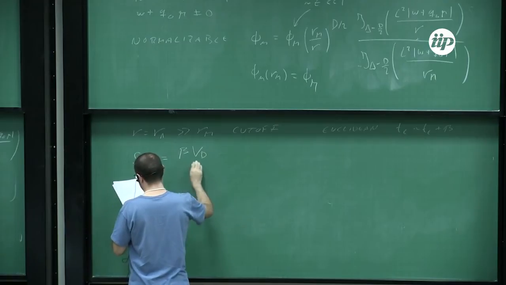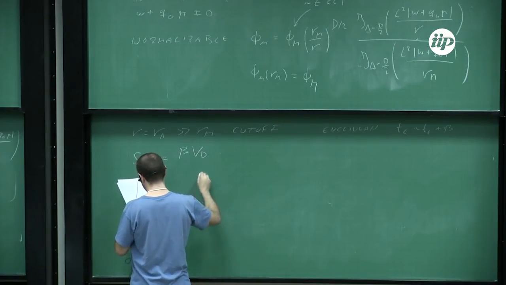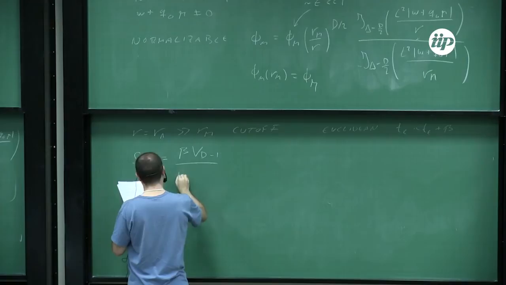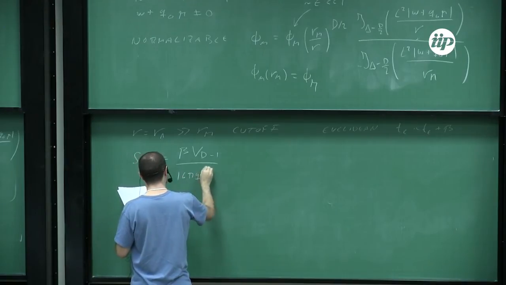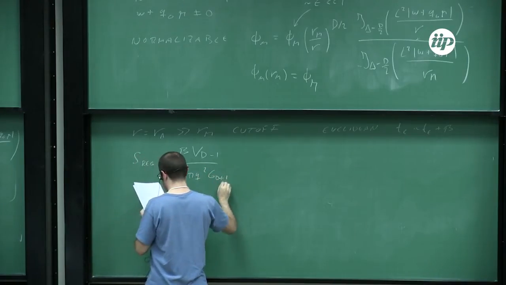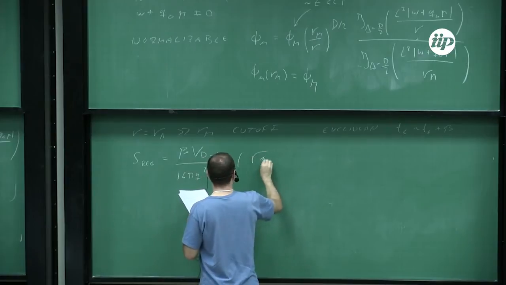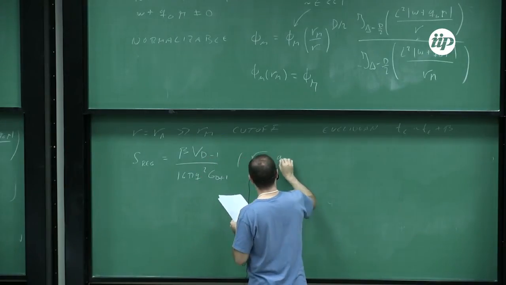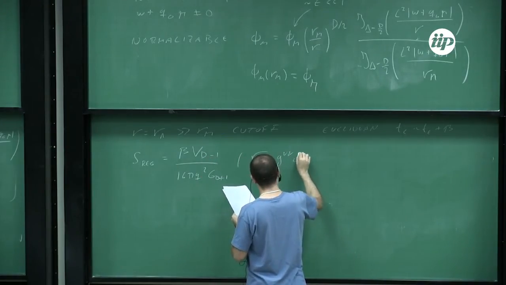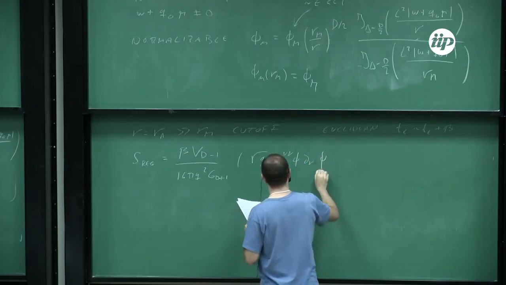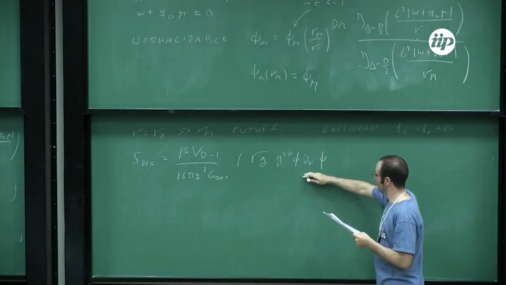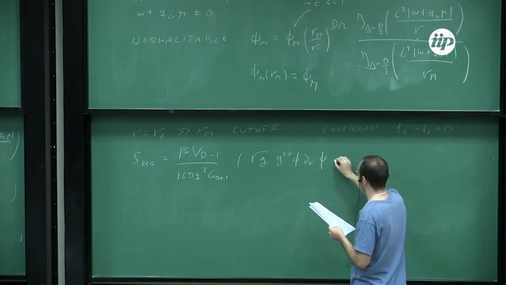And then you have this beta, the volume of the space directions, some factors from the action, and then a contribution from the on-shell action of the scalar, which is coming from integrating by parts the kinetic term.